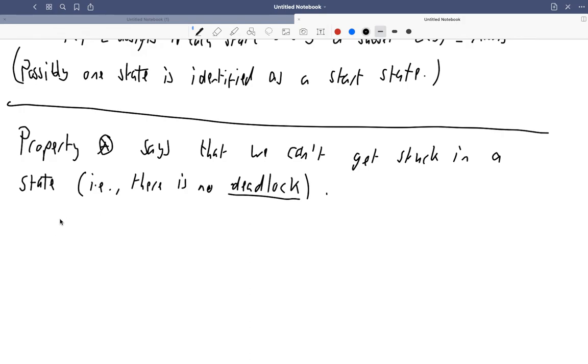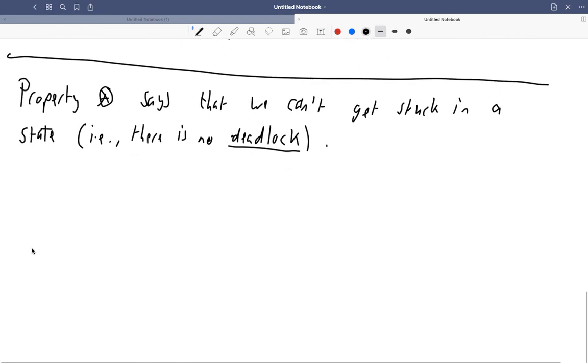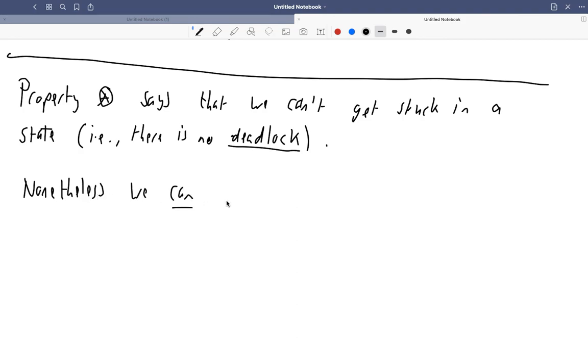I just want to remark we can model deadlock. And I'll just give you the idea here.